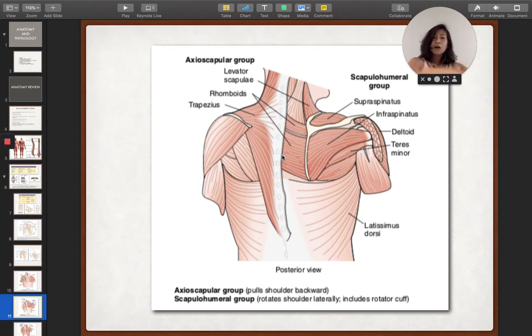So if you are rounding your back for most of the day, this rhomboid is stretching out like a stretchy cotton t-shirt, and then when you want to contract it, it's really hard to contract or shrink back.